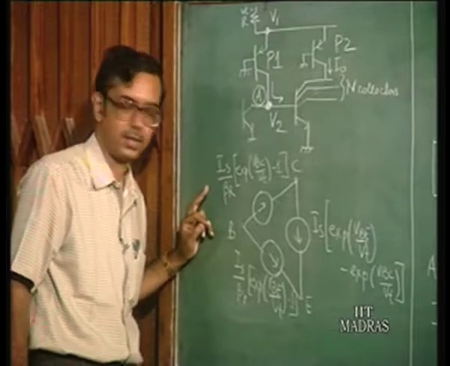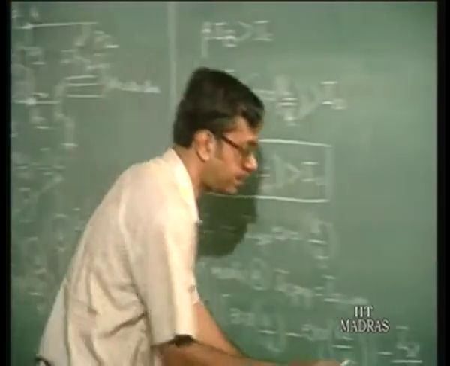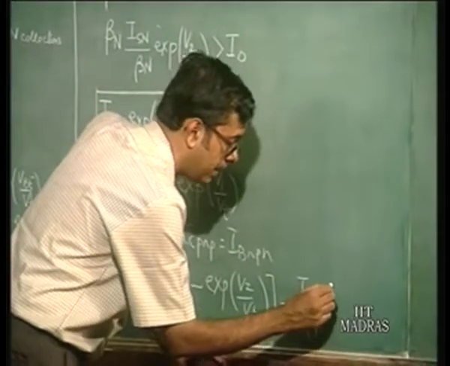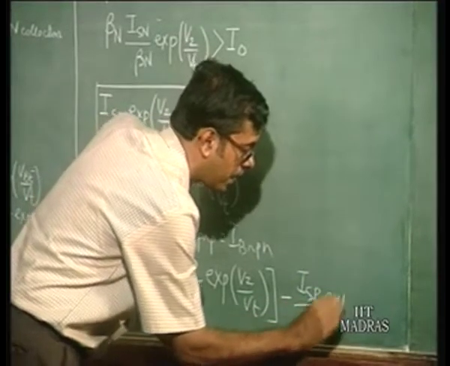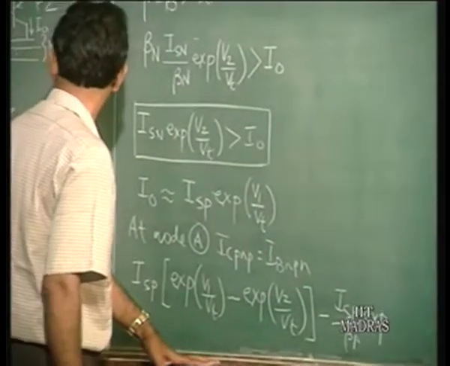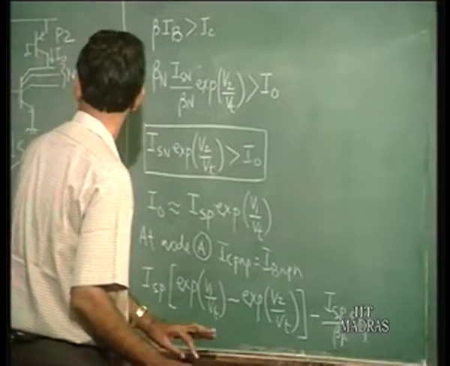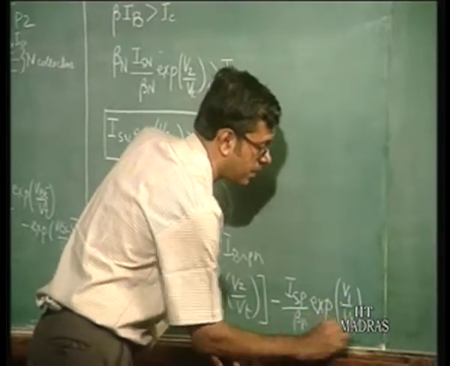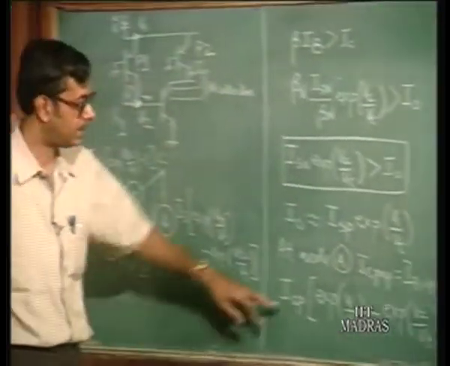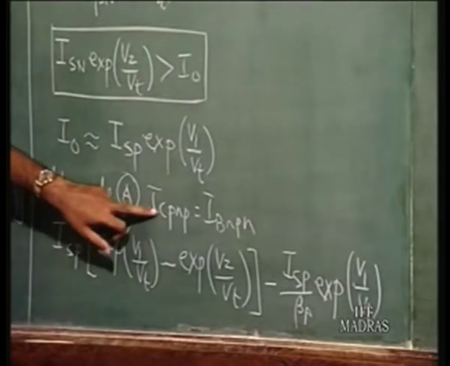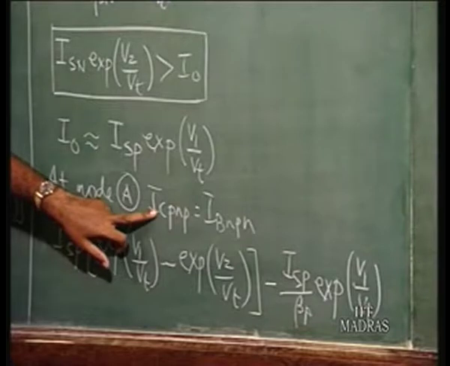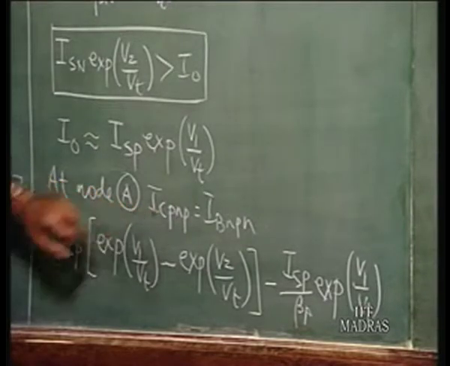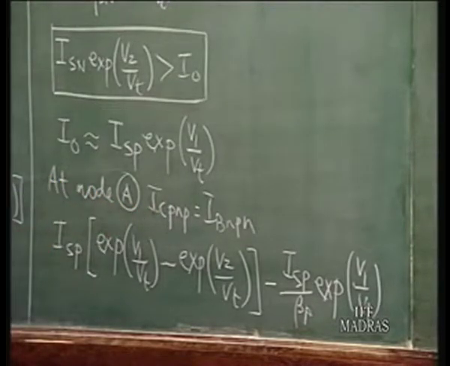So ISP by beta p exponential of the base collector voltage, and the base collector voltage of the PNP is again V1. This is the collector current of the PNP transistor, and this has to be equated to the base current of the NPN transistor.